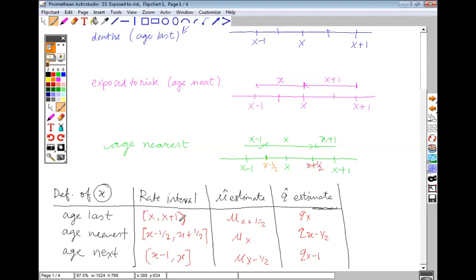And similarly for the rest of these mu's, q's and rate intervals. Remember, this is only one age, but we have 6 different definitions: 2 based on whether we're looking at initial or central, and 3 depending on the 3 definitions of age that we can use. So any doubts with this chart or diagram?